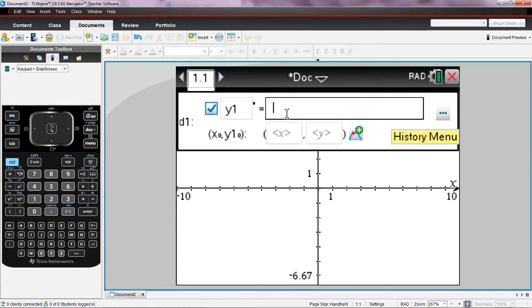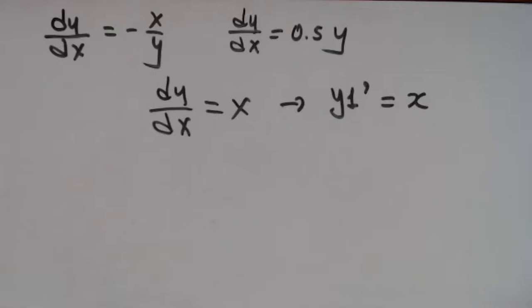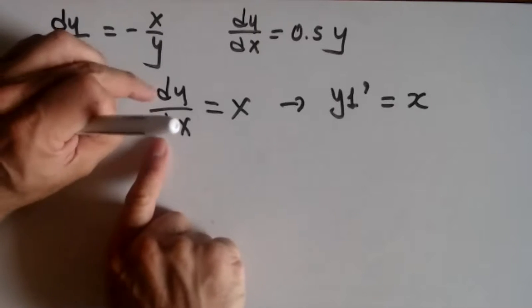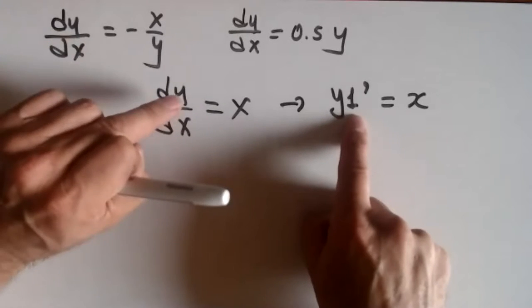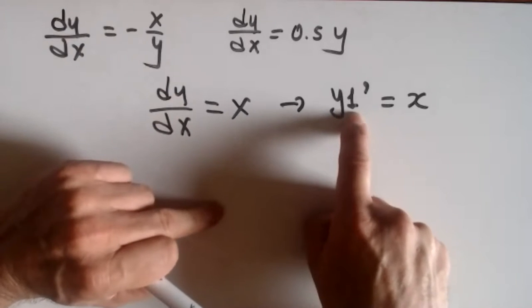This is y1, so y1 prime. It doesn't look like it, but this is a prime. So my differential equation for the calculator is going to be y1 prime equals x. Let me show you the board. Remember the notation, dy/dx is also y prime, but for the calculator, the y for this entry is going to be y1.